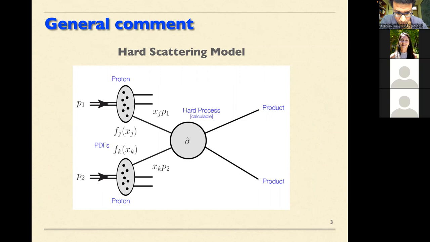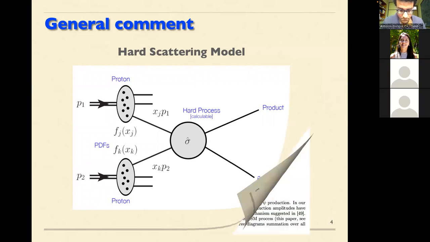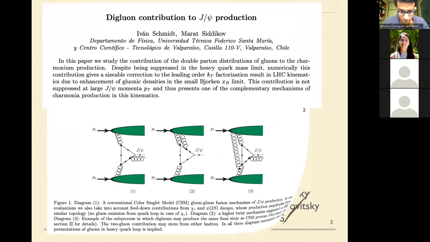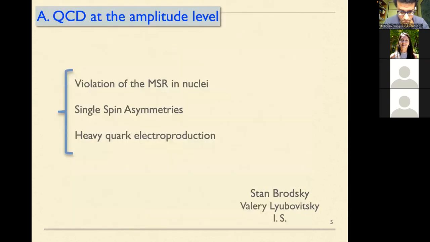The distribution functions are really probabilities, so they are not really Feynman diagrams. So I'm going to talk about three things that can be related to QCD at the amplitude level.